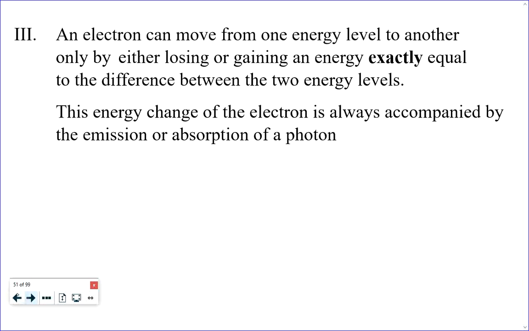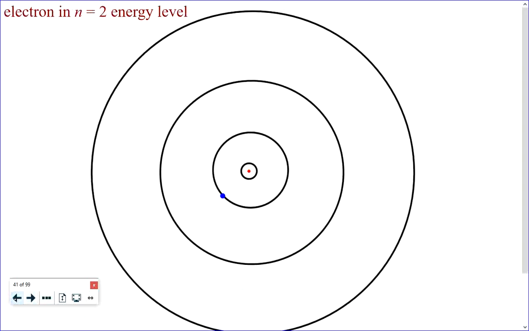So if I go back to my energy levels, in any atom, this happens to be hydrogen I'm talking about, an electron that is in the second energy level and goes down to the first energy level has lost an amount of energy. Whatever energy the electron has lost is accounted for because a photon comes out of nowhere and leaves the atom, and the photon energy is equal to that difference.